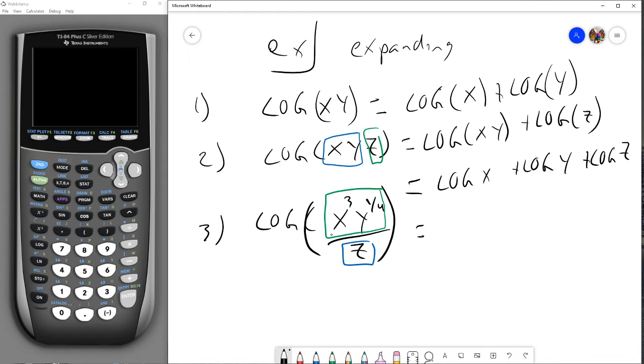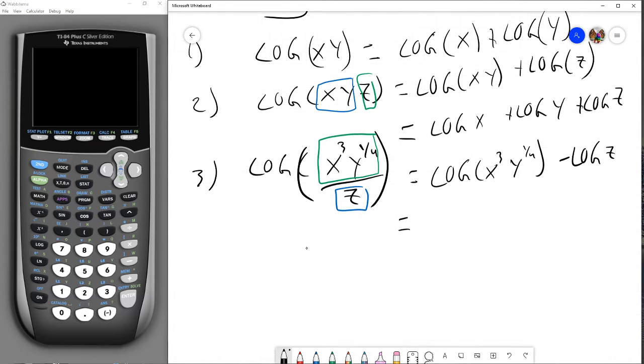If we use our law of logs for division, we have log of x cubed y to the 1/4 minus our denominator, log of z. Now we have multiplication here, an x cubed and a y to the 1/4, so we can break this up as log of x cubed plus log of y to the 1/4 minus log of z.